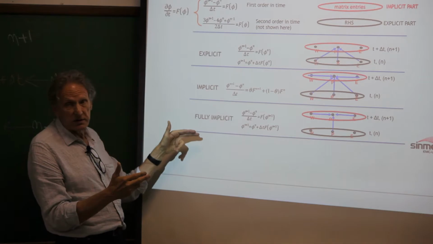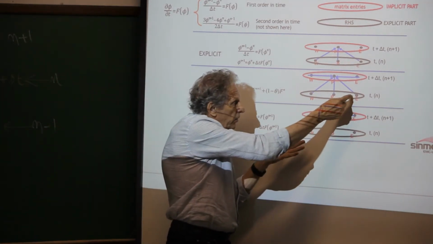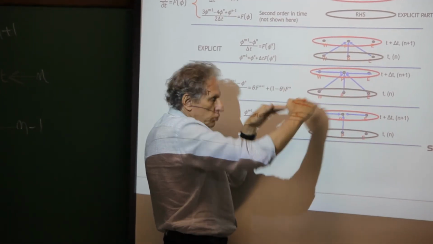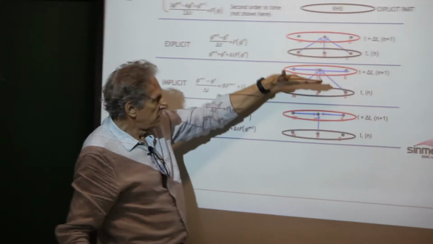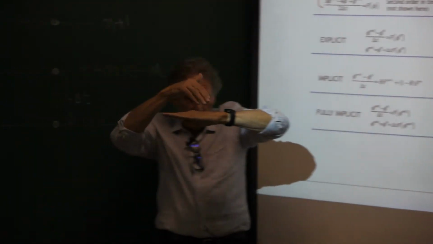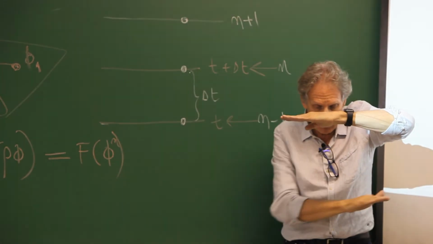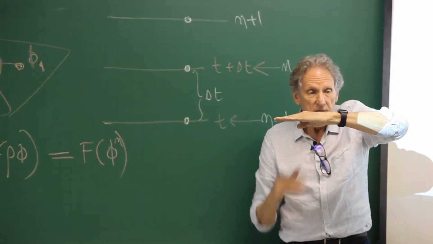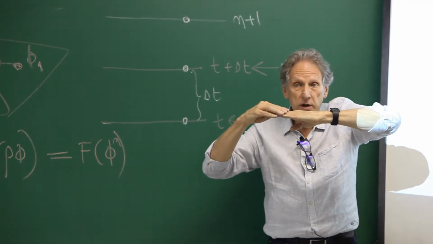In a fully implicit, the weight of these goes to the matrix. So this is the fully implicit, which involves the neighbor values at the time you are calculating. It involves only the neighbors at the time you are calculating.